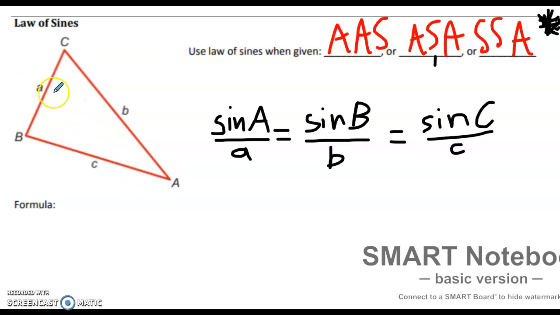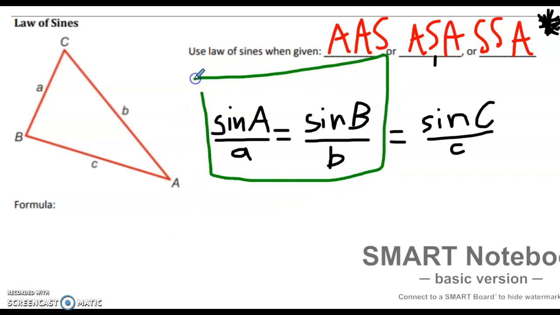So like side A, side C, and angle A, or side B, side C, and angle B. So put that in your notes, but you could always just think about it. You know, when could you use the sine of A over A? So like if you were looking at using this part, because you're only going to use 2 of the 3 ratios. So you have to know 3 of the 4 pieces.